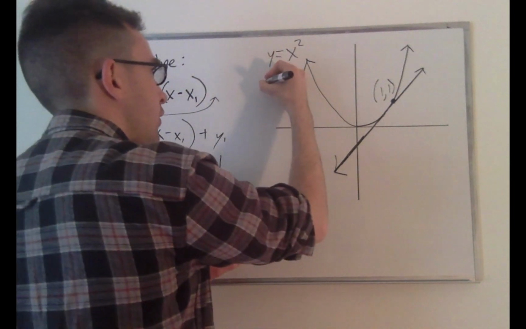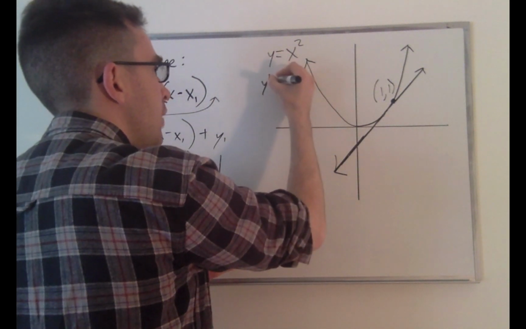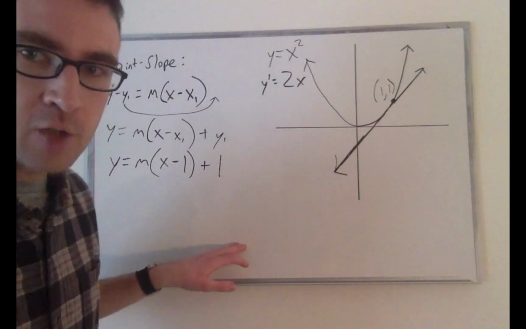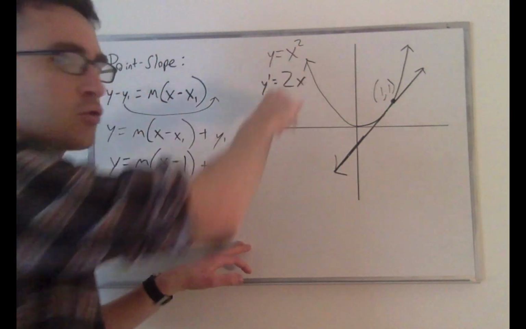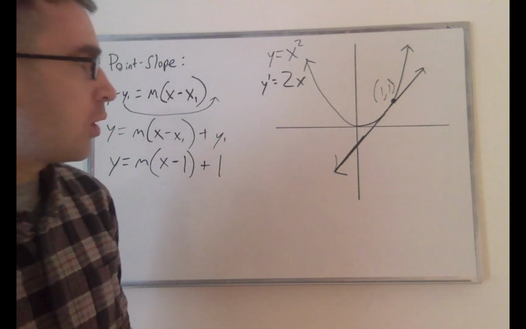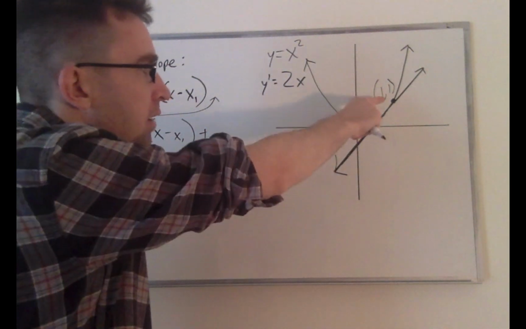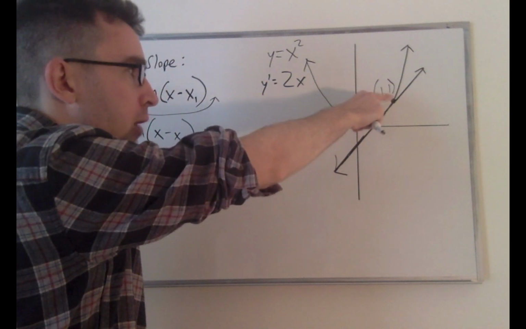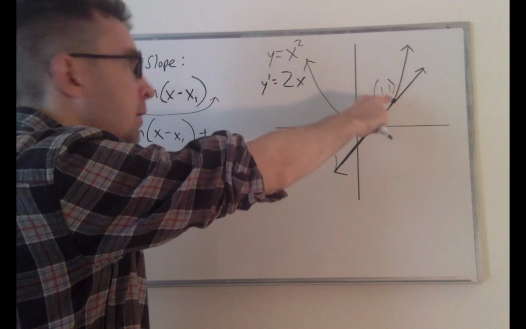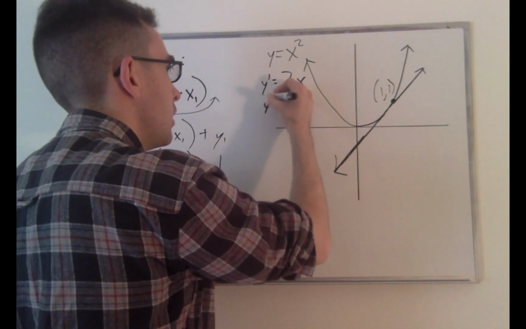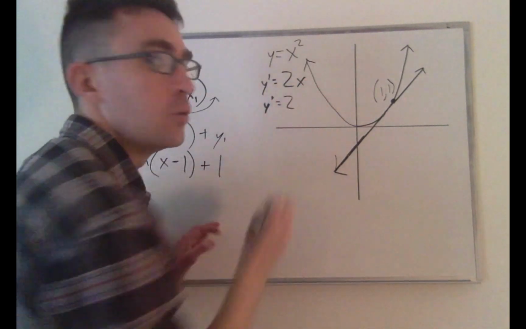The derivative, which I'm going to call y prime, is just going to be 2x. Hopefully you remember how to get this derivative, just some very basic calculus. Then if we want to find the slope of the curve at the point (1, 1), we just plug in 1 for x here. So the slope is just going to be 2, right?